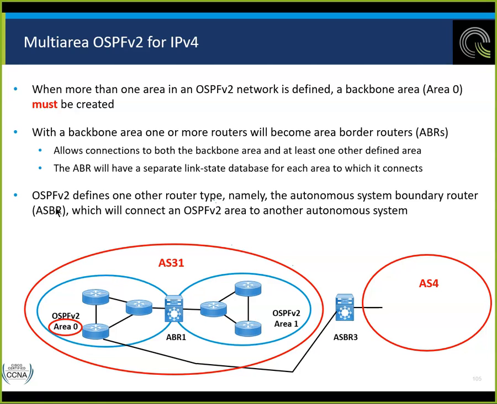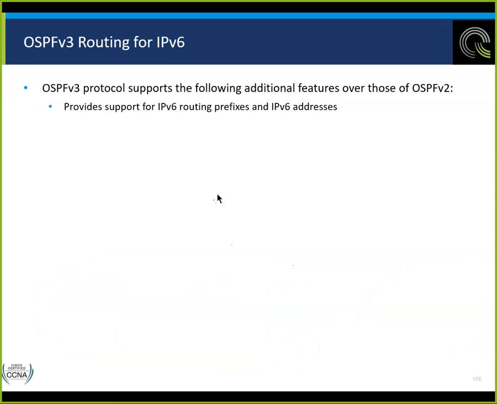OSPF v2 defines one other router type, the autonomous system border router, and I think we talked about it a little bit earlier. It goes outside of our area. Where would it be? Maybe going to your ISP. Probably what you're going to use going to your ISP is a passive interface. It connects an OSPF area to another autonomous system, some other management domain.